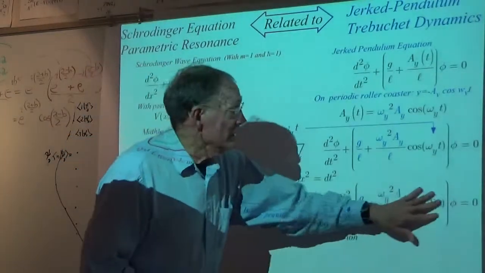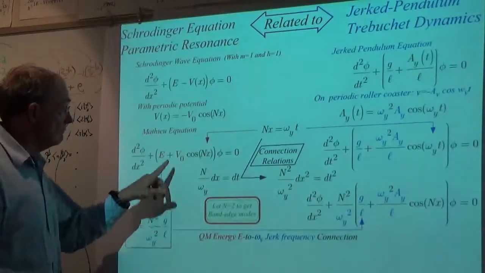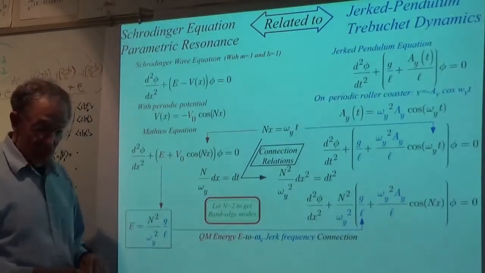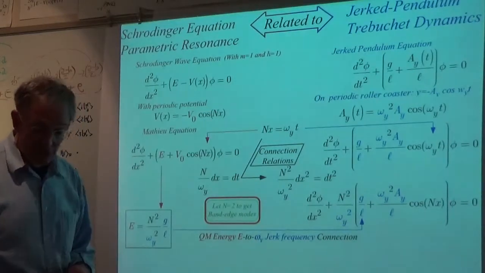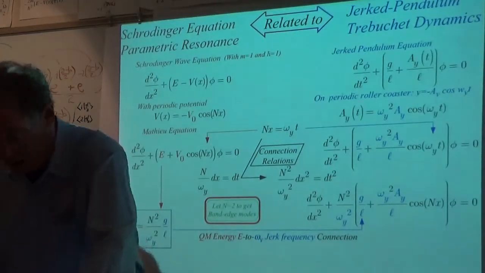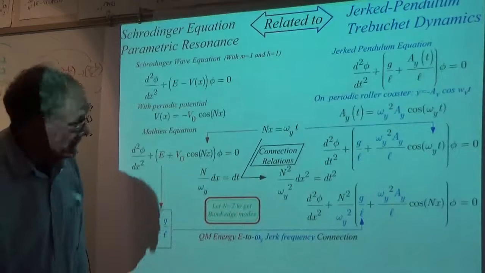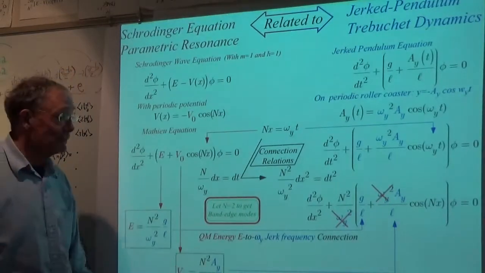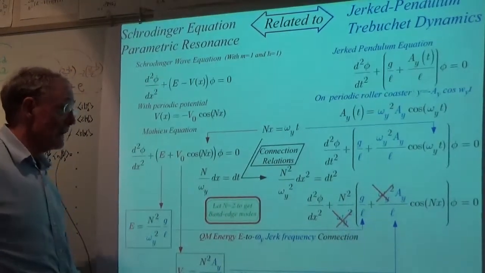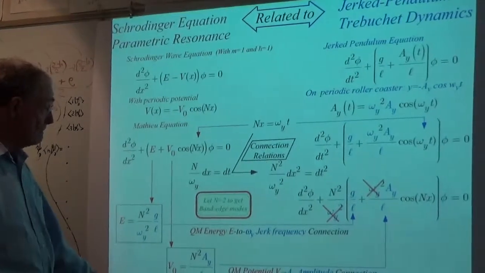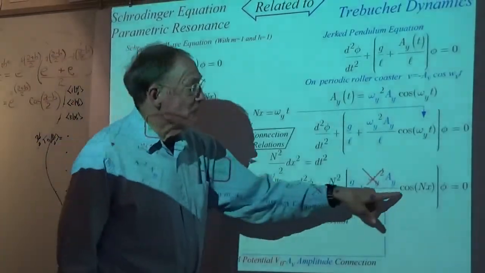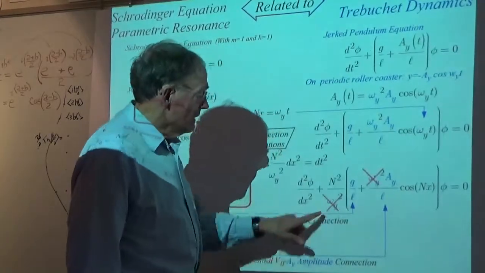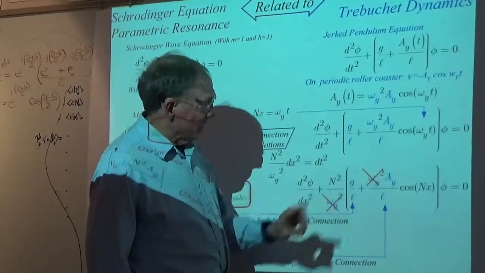And then this right here is the potential. All we have to do is note that this coefficient of the cosine potential is equal to a parameter over here. Now that's a complicated little connection. That V0 here is equal to whatever is multiplying the cosine, and the omega y cancels out.